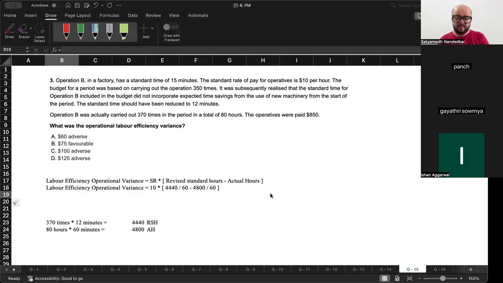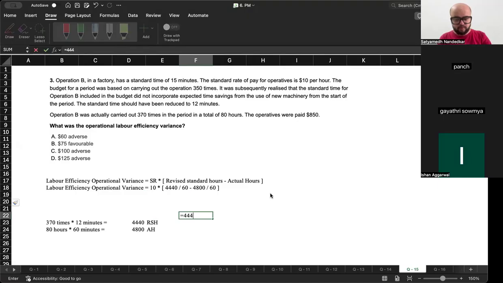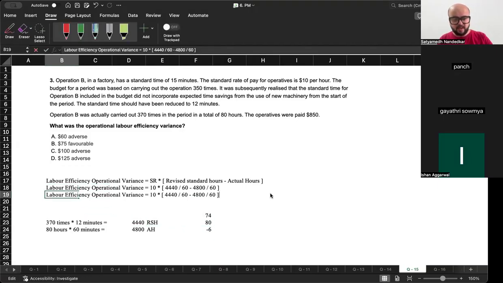I used more time, so the variance is going to be adverse. अब 4440 upon 60 is 74. I was supposed to use 74 hours. I used 80 hours. Difference is 74 minus 80, 6. So जो आपका labor efficiency operational variance है, that will be 6 into 10, that is 60 का adverse variance हो जाएगा. Answer is option A. Make sense?